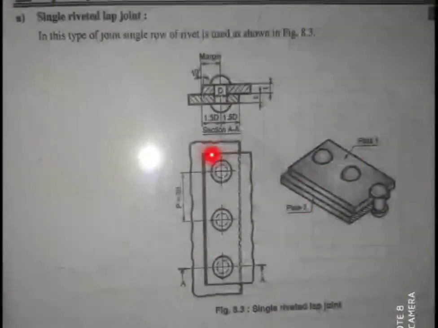First we draw this rectangle, then a second rectangle. This rectangle is the bottom plate and this one is the second plate. The edge of the second plate is not seen from the top view, so it is drawn dotted. Here the holes are drilled. The two circles indicate the shank diameter and the head diameter.